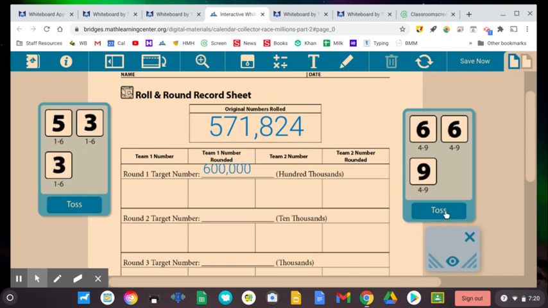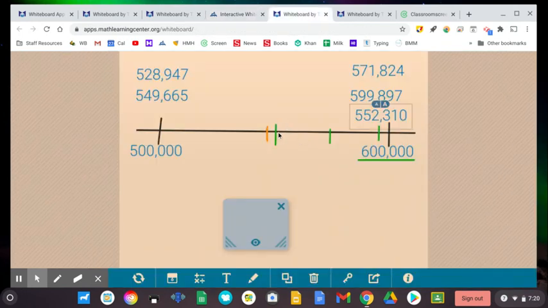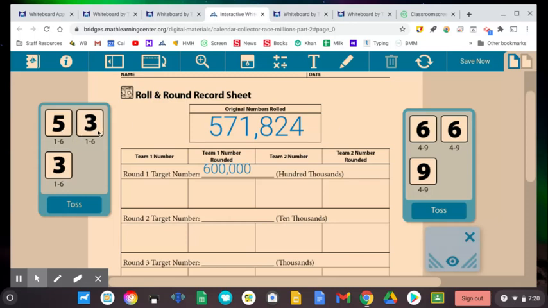Okay. So now let's think of the strategies. We want a number to round to 600,000. Think about that. We want it to be over halfway between 500,000 and 600,000. Let's look at our digits again. We have a 5, a 3, a 3, a 6, and a 9. Well, if we would start with these numbers, and started with a 6, I want you to think about that.